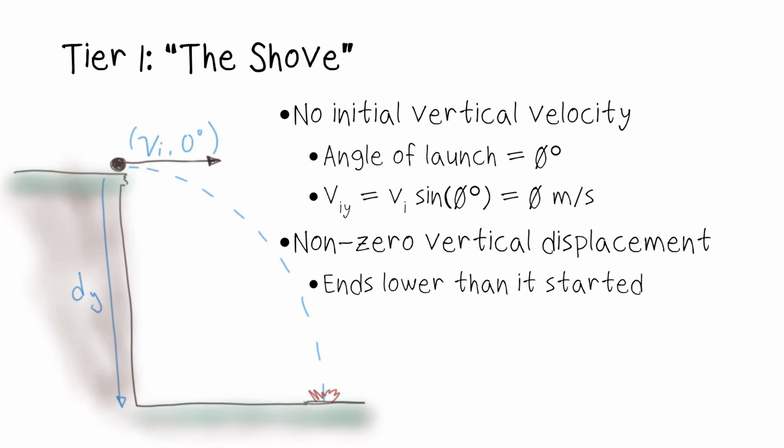What we do have is a non-zero vertical displacement. That's a fancy way of saying it falls down, and it ends lower than it started. So your dy value is always going to have some non-zero value, and because it ends lower than it started, the usual convention is going to mean that you result also with a negative value for displacement. So watch out for that when you're solving it.